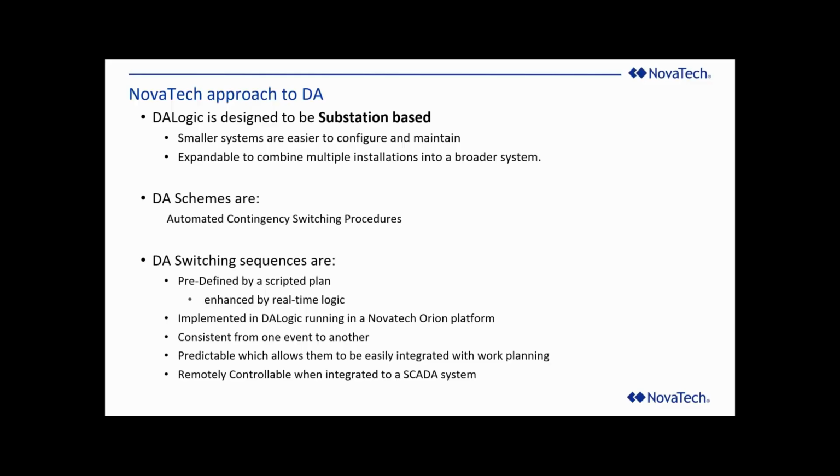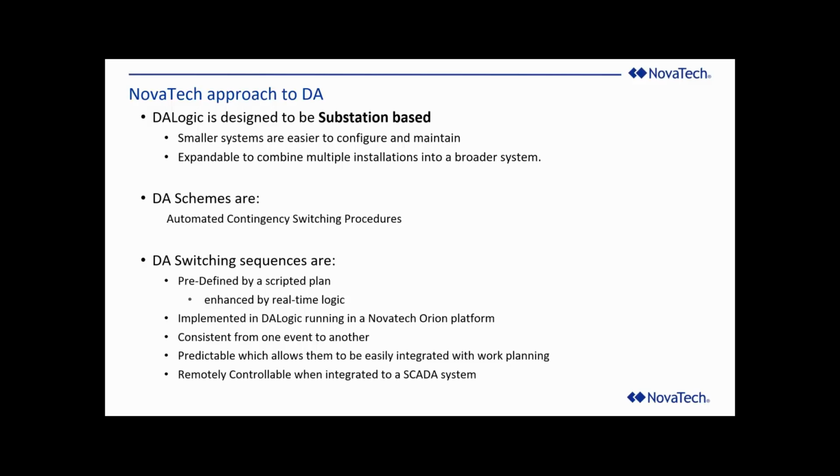That makes the configuration files of the DA logic smaller because they're handling fewer devices. The system is simpler to configure and easier to comprehend. It just makes it easier all the way around. DA logic can run in the same Orion that your substation RTU is running.